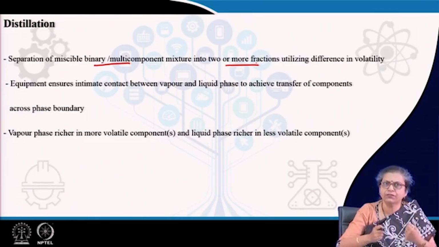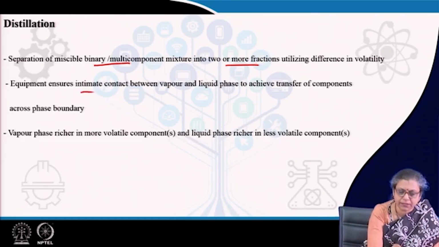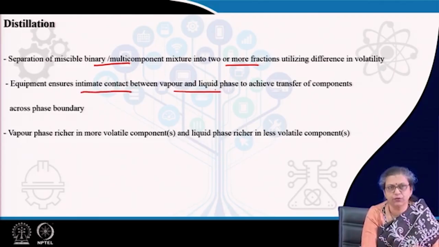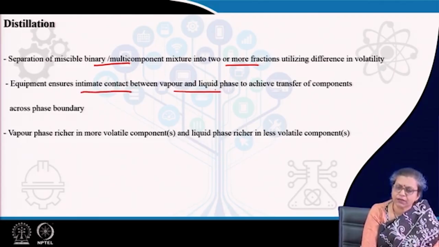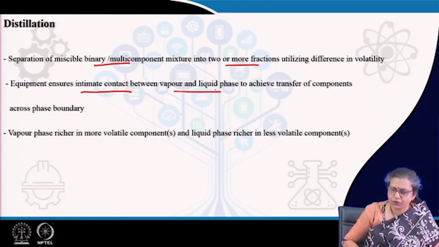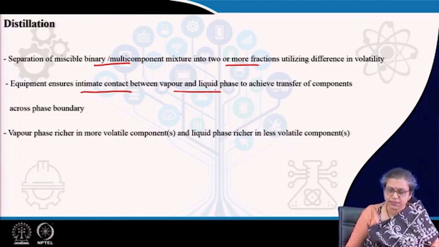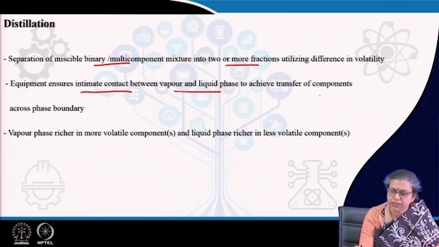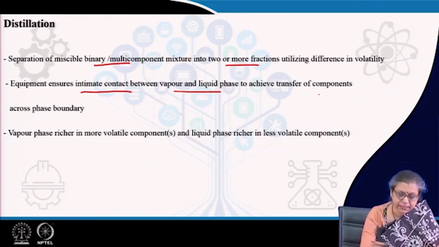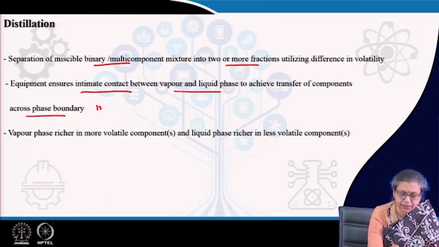So, after creation of the two phases, the equipment ensures intimate contact between the vapor and liquid phase. When there is an intimate contact, what happens? There is transfer of components between the two phases, and this transfer of components occurs by interphase mass transfer, right.